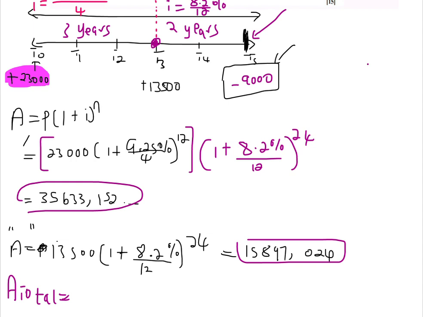So the final answer for that will be 42,530. You can write this as rands: R42,530.18, and this is the amount which will be in the account at the end of 5 years. I hope this question was clear.